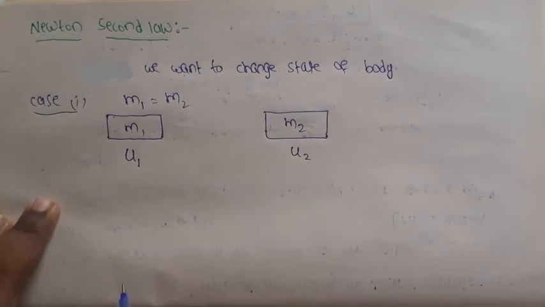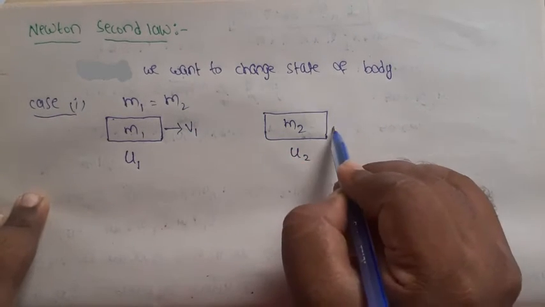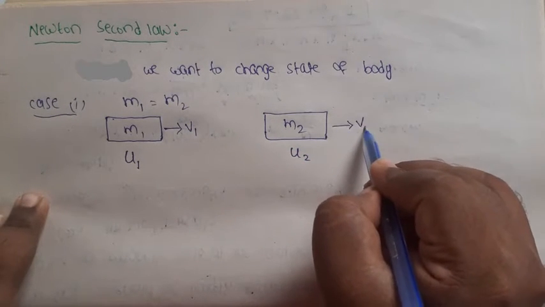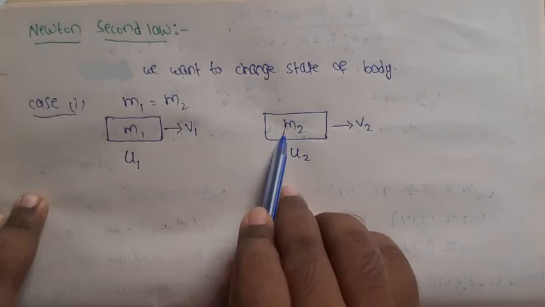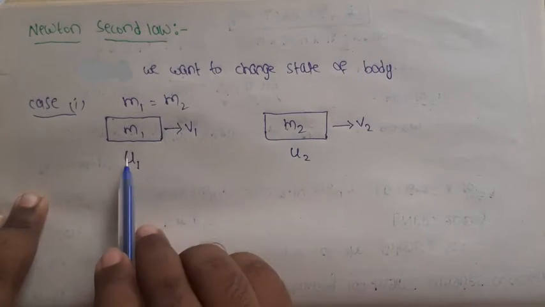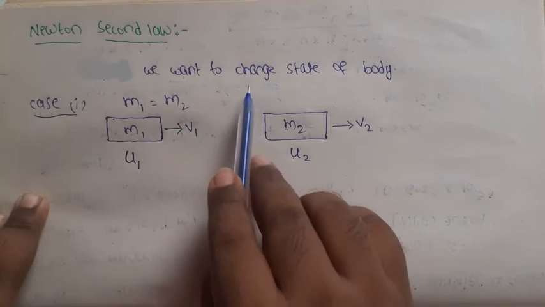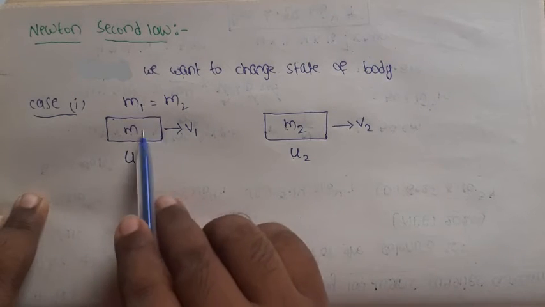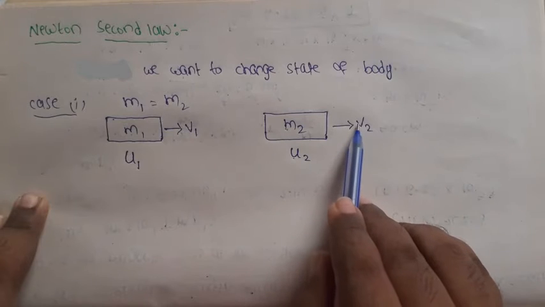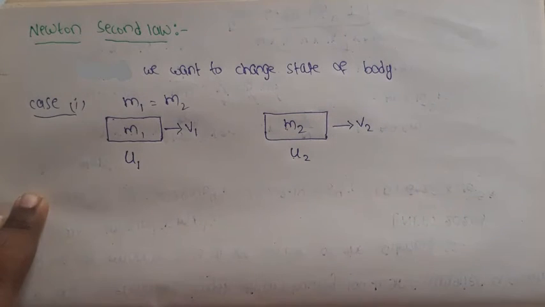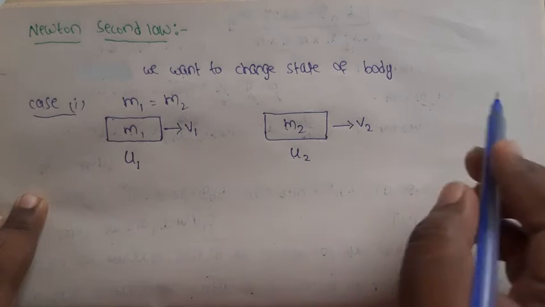To change the state of the bodies, this object moves with velocity v1 and this object moves with velocity v2. So v1 and v2 are called the final velocities of the bodies.